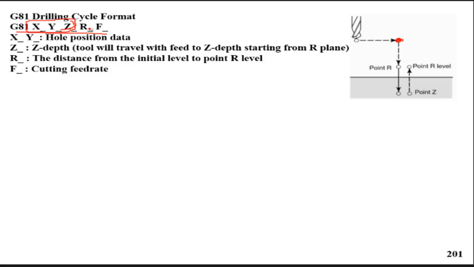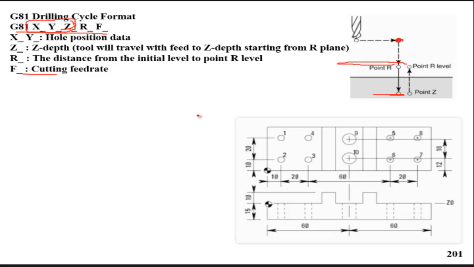Then R is the R level. Z will be the depth of cut or the end of travel. And F is the feed rate, the cutting feed rate.